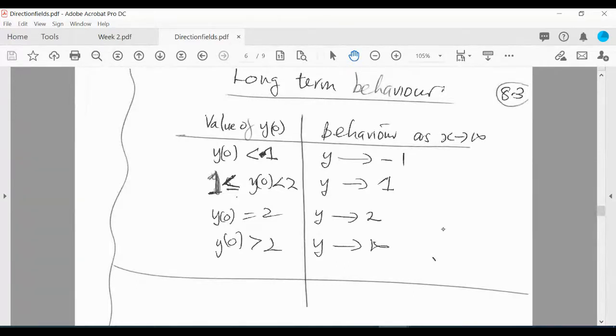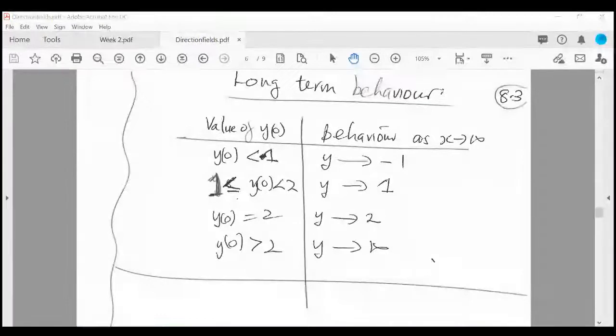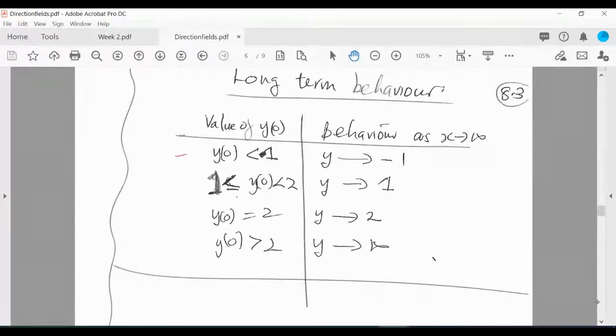So what is happening here? Do you see this? Is it sharing? Yes. All right. So here we covered y less than 1. In fact, it was supposed to be minus 1 less than y less than 0, and then 1 less than 2.